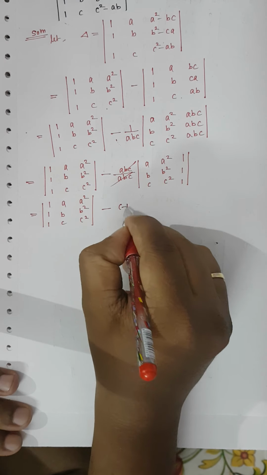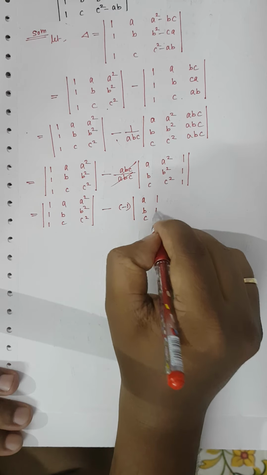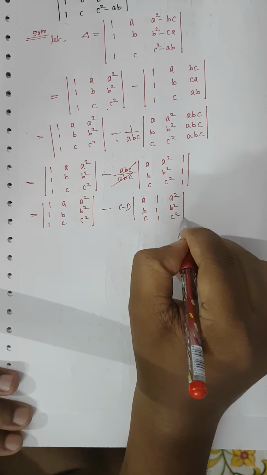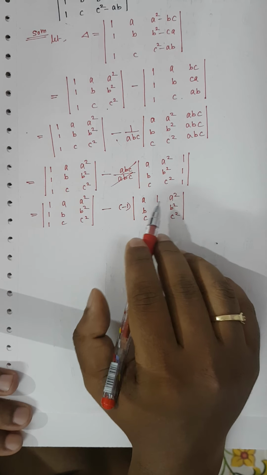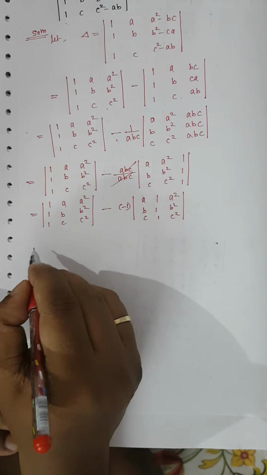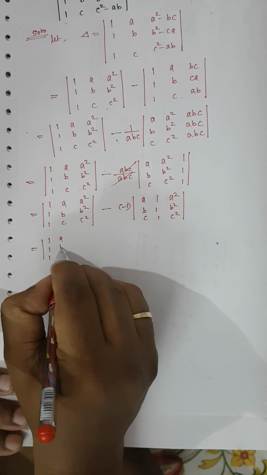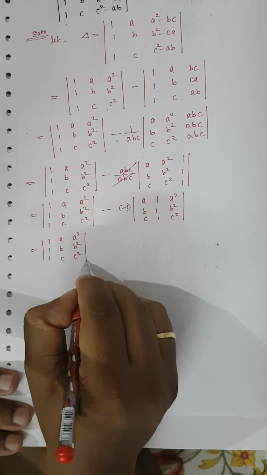So I write minus 1 into a b c, 1 1 1, a square b square c square. I have interchanged column 3 and column 2, so it becomes abc, 1 1 1, a square b square c square. Again write 1 1 1, abc, a square b square c square.